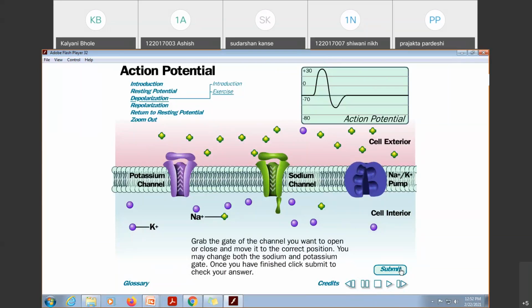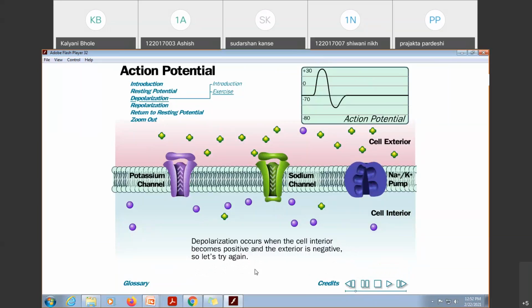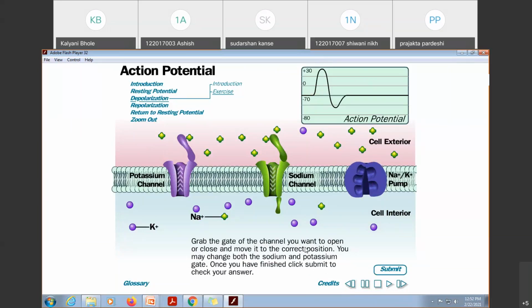Okay, so this is how it happens. It occurs when the interior becomes positive and the exterior is negative. Previously at the resting state, the interior is negative, so we have to bring it to positive, or it becomes positive in case of depolarization.